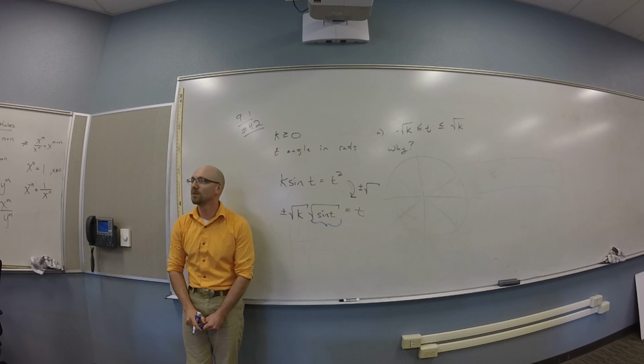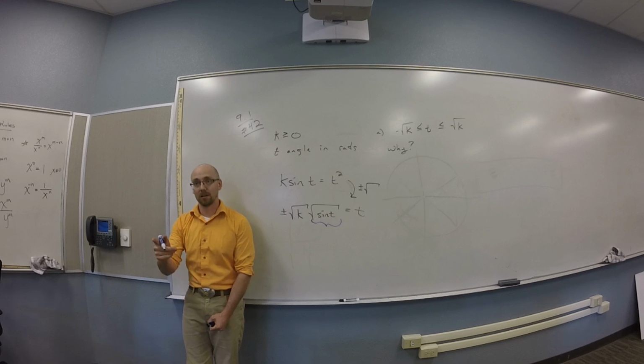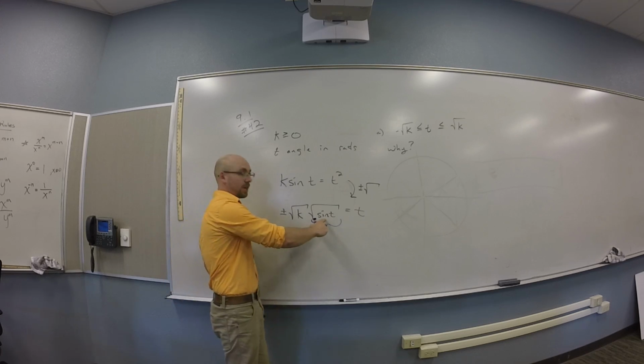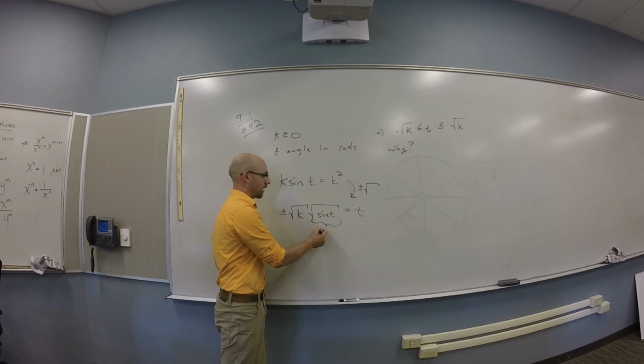So when I look at this, I'm seeing one thing that I know for sure, and that's that sine of t lives between what and what? In other words, what's the biggest sine t ever gets and what's the smallest sine t ever gets? One and negative one. So this piece here lives between, well, undefined, I guess.